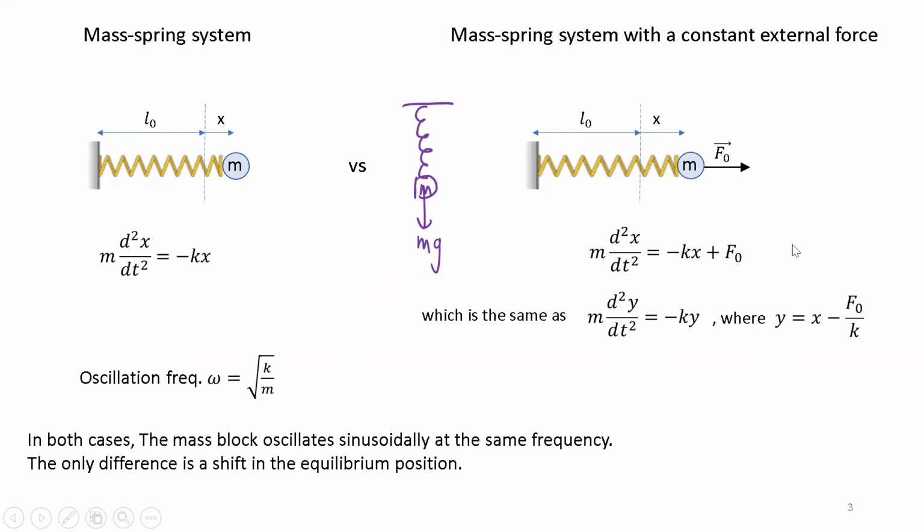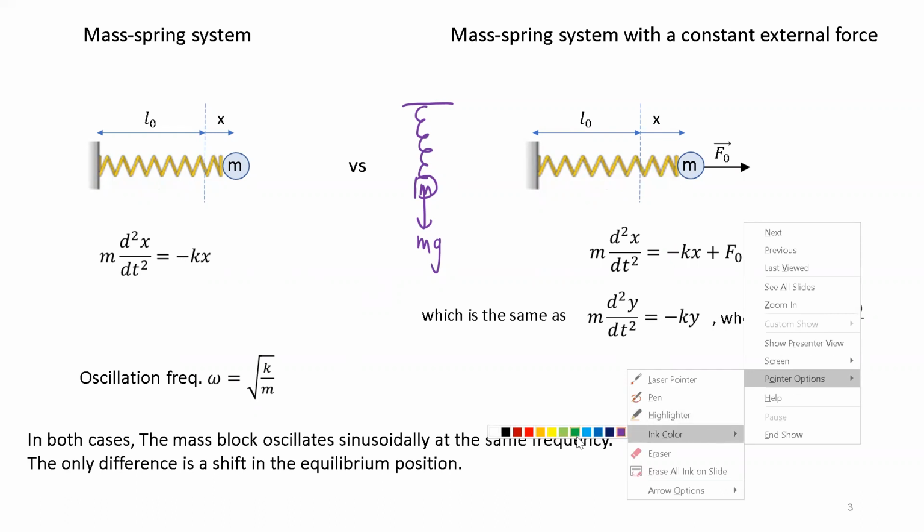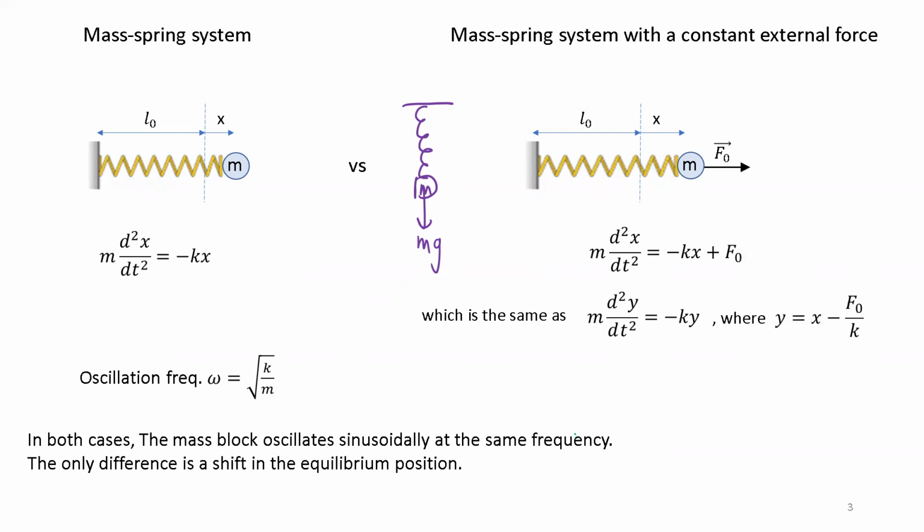The other way to look at it, if you still remember what we had last semester, is that this equation can be written as d squared x over dt squared plus this equals F0 divided by m. Mathematically, how do you solve this equation?